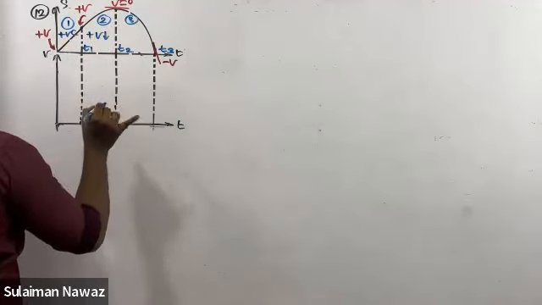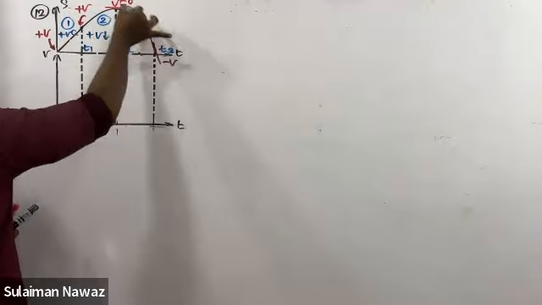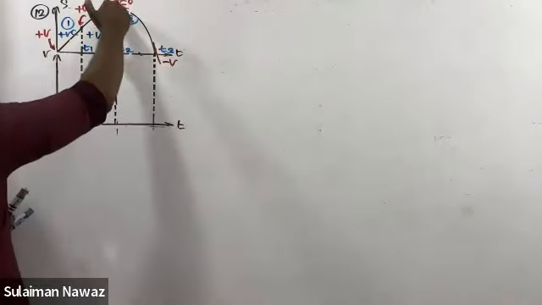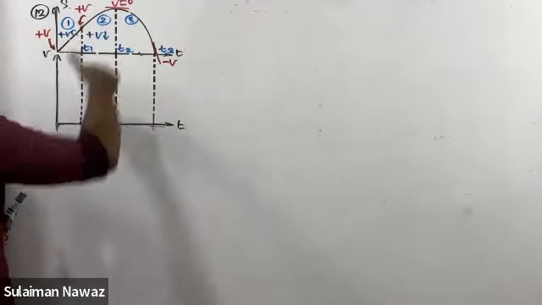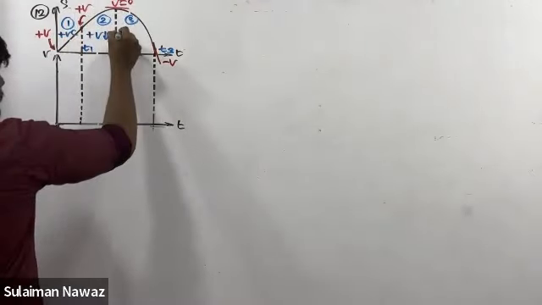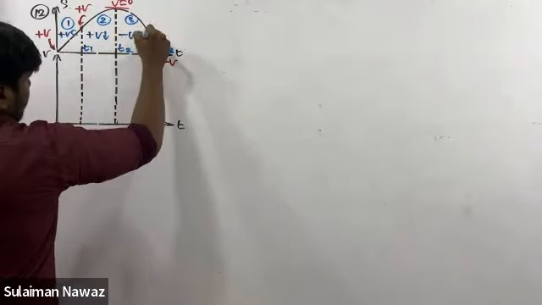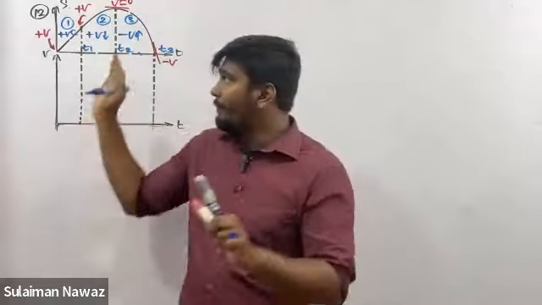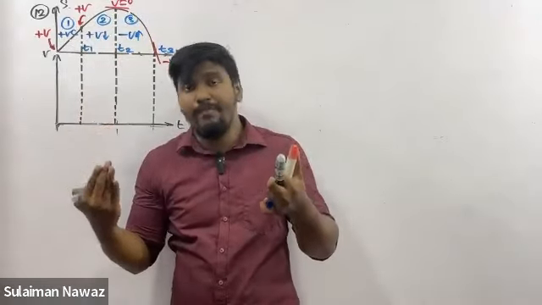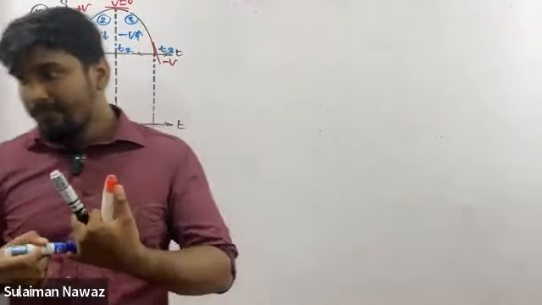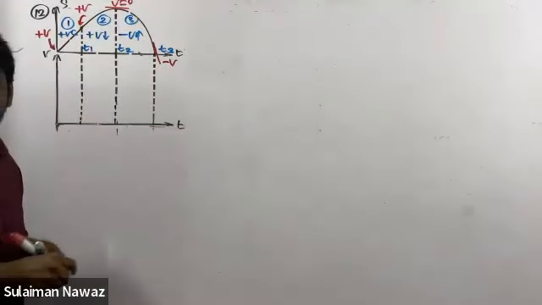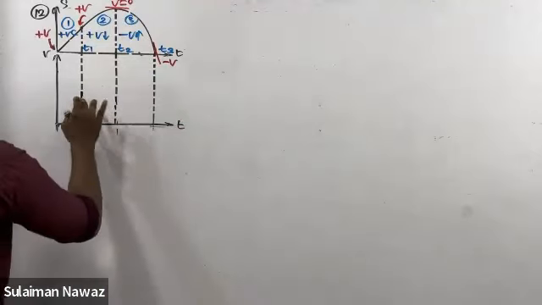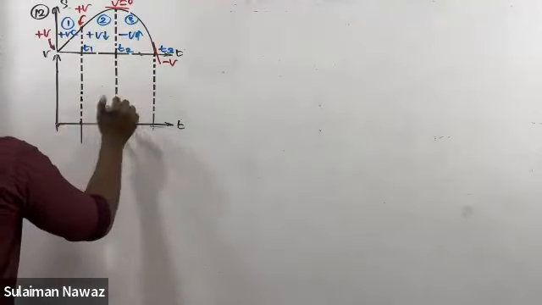Section 3, obtuse angle is decreasing, therefore negative velocity increasing. That's it. If you can argue these important things, you understood this lesson better. Still, if you have any doubts or confusion, you should clarify from me. That's a must.